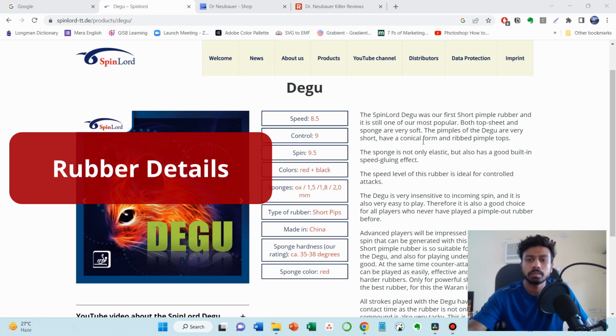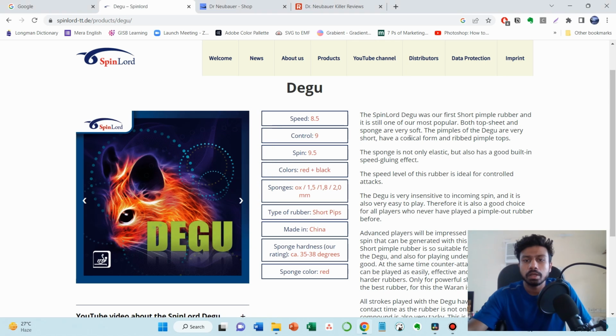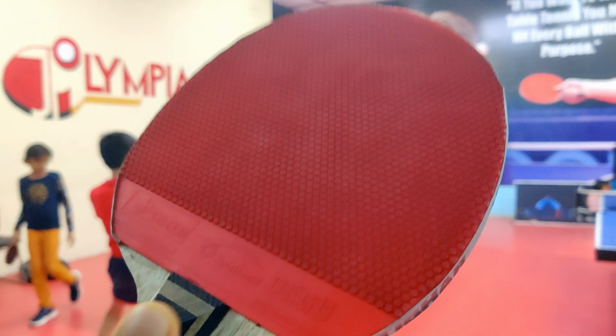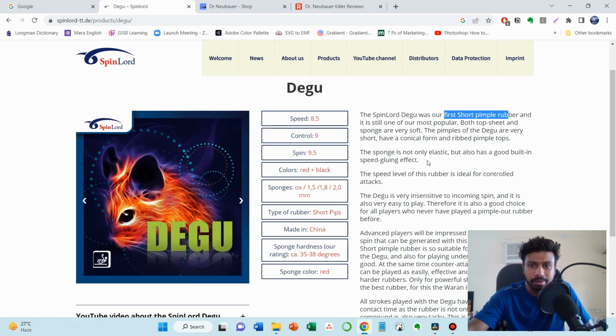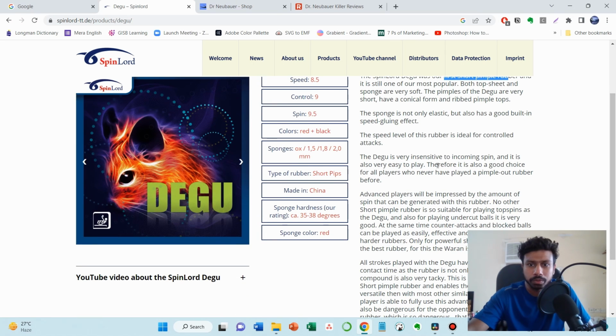Let's look at what the manufacturers say about these two rubbers. If we look at the forehand rubber, the Daegu spin lord, it's the first pimple rubber, and the key characteristic that I wanted to show you is that this rubber is very insensitive to incoming spin.